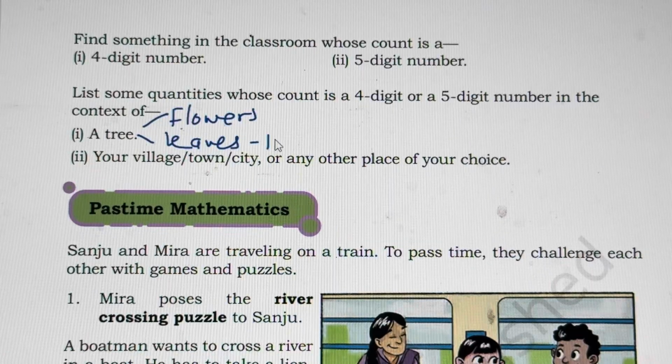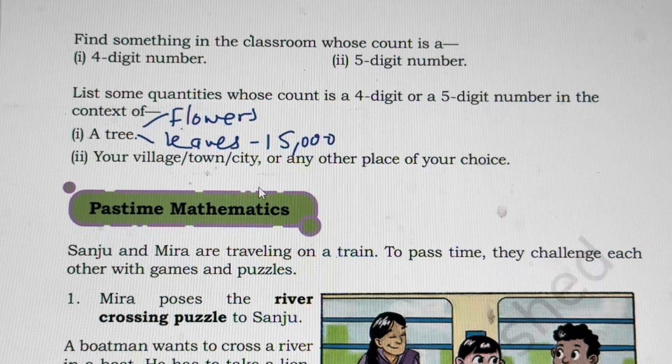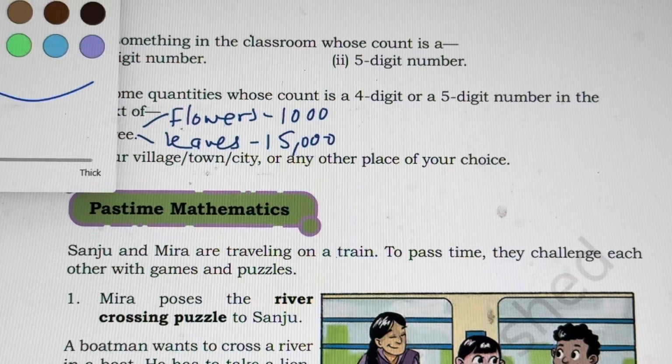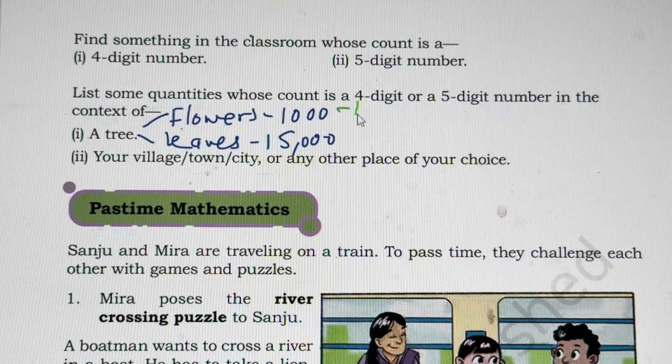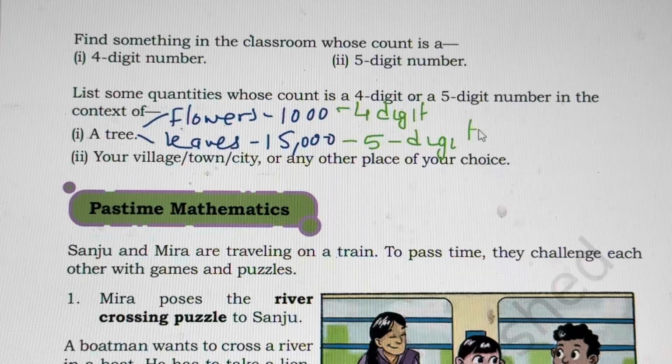So maybe you can say there are 15,000 leaves in a tree and around 1,000 flowers in a tree. So this is a 4-digit number, and this is a 5-digit number. Here again the answer may vary depending upon the tree, the number of flowers or leaves it has, but you can just get an estimated number.